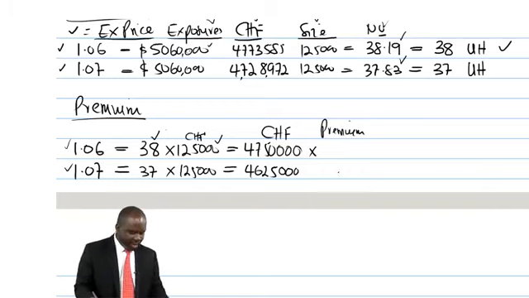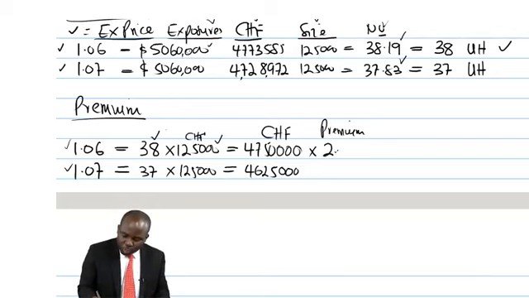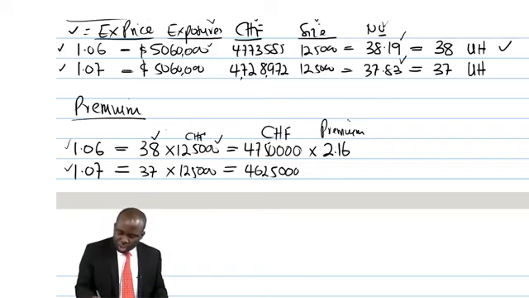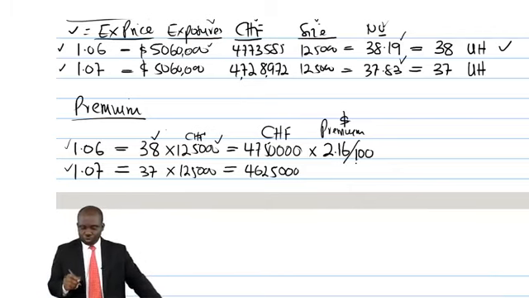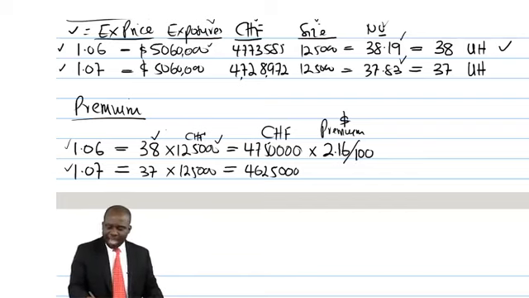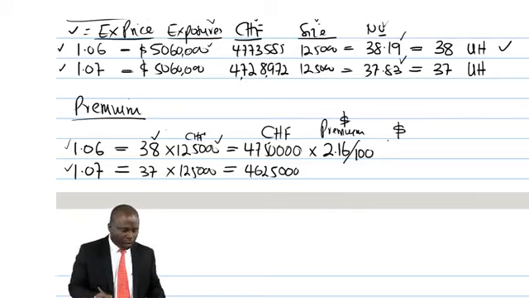And then for this exercise price of 1.06, we're saying the premium is 2.16 cent. So in order to bring it to dollar, don't forget to divide by 100. It's a mistake that people make. So for every 1 CHF, I will pay this cent in terms of premium.